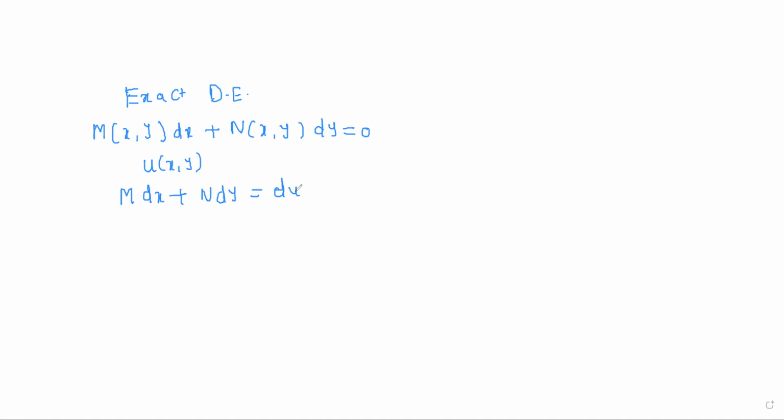Du means derivative of u. U is some function of x and y. Means if you are able to write this differential equation as perfect derivative of some function, then we can say that our differential equation is exact differential equation. But by observation, you can't identify whether it is exact differential equation or not.